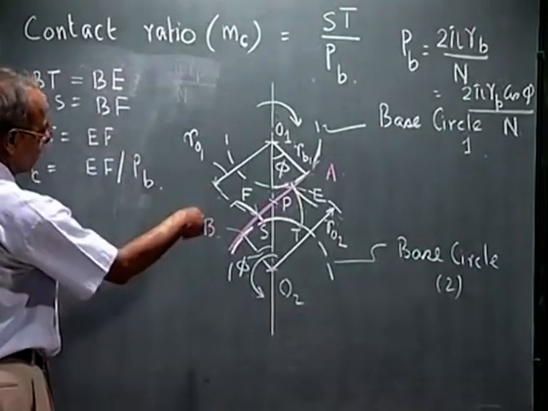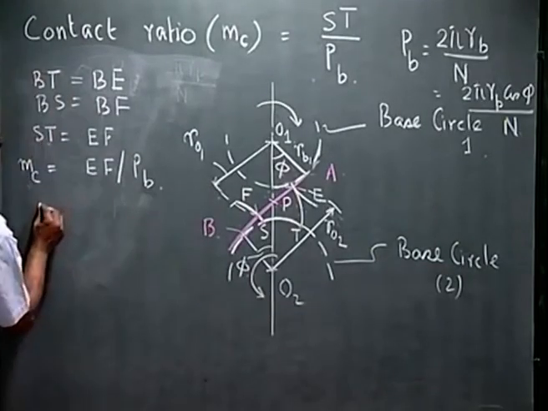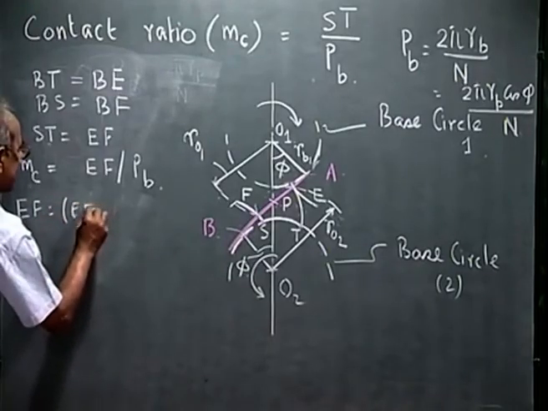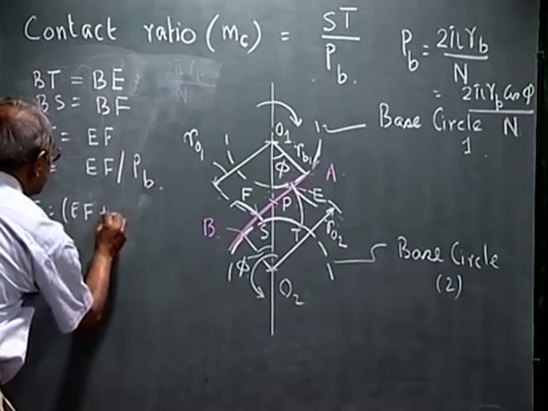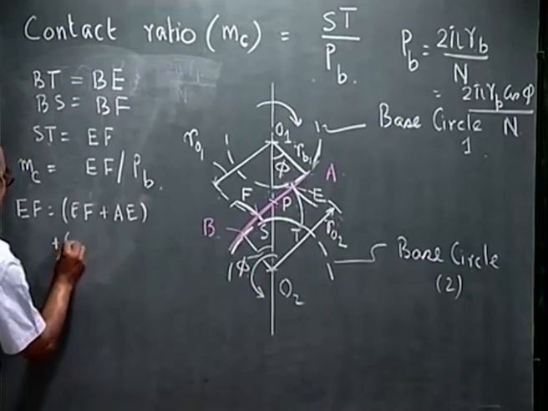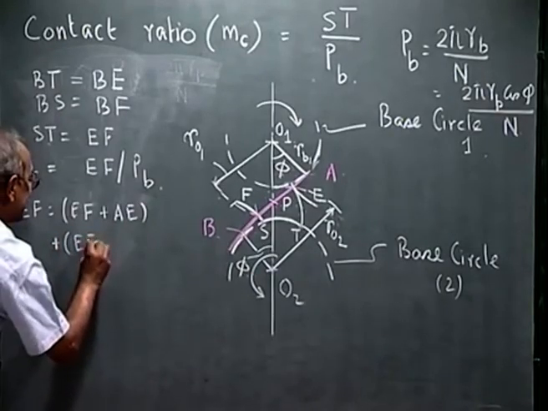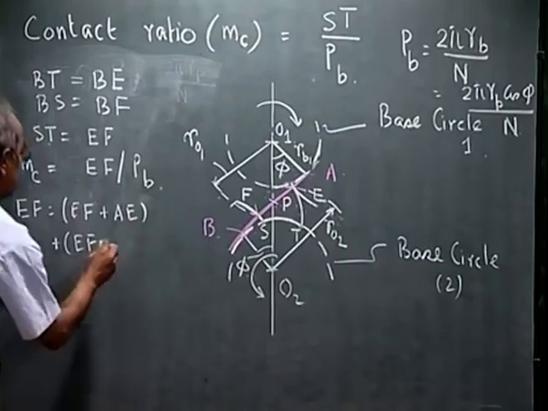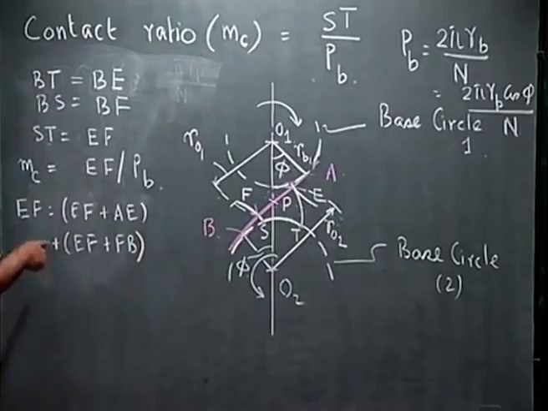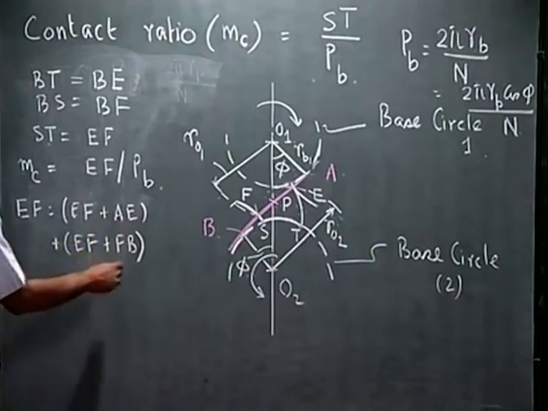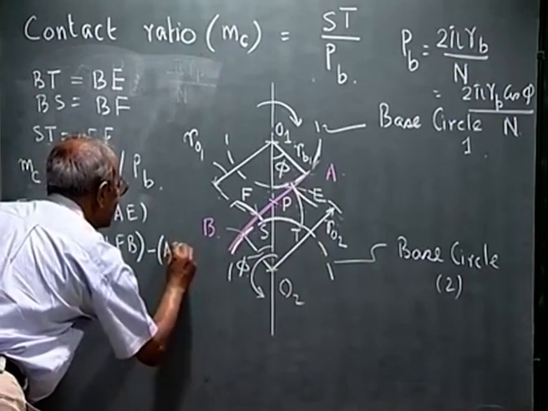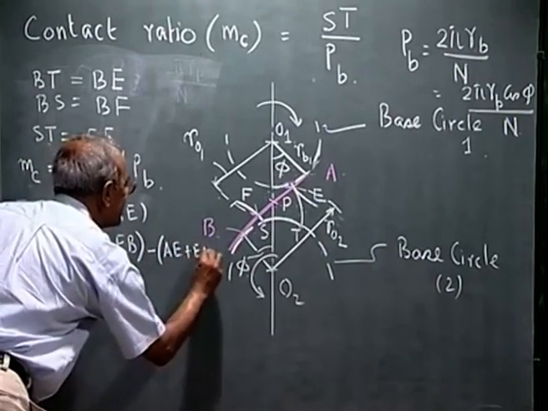Now, let me try to write EF in this way: EF plus AE plus EF plus FB. I have added AE, EF, FB. So, I subtract all these three: minus AE plus EF plus FB.